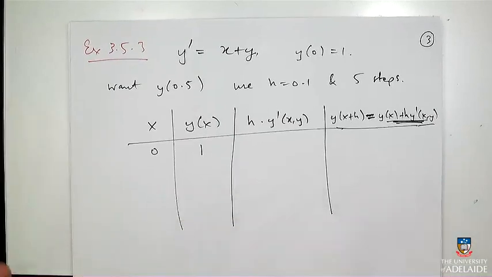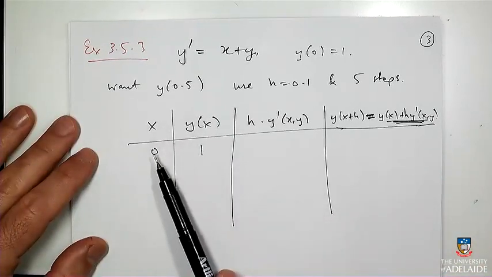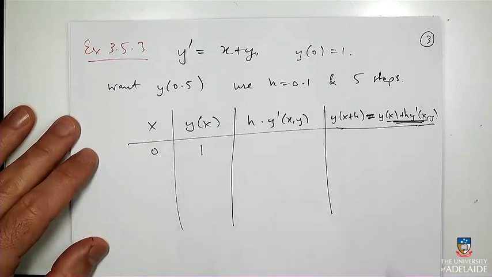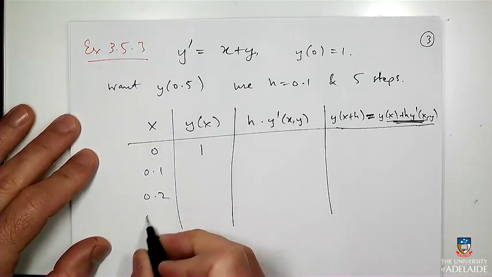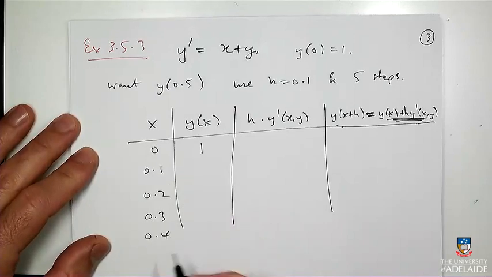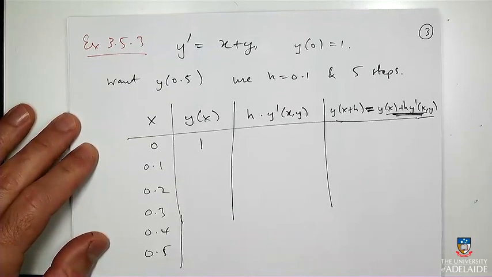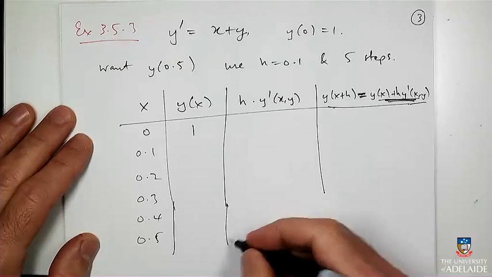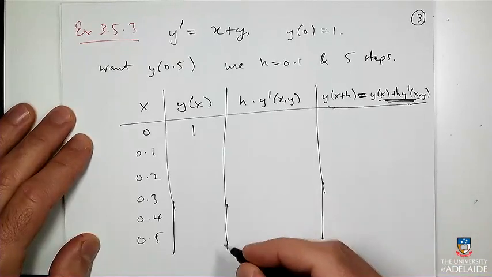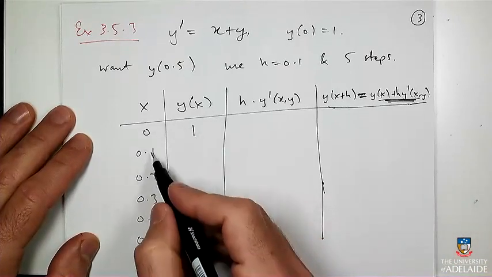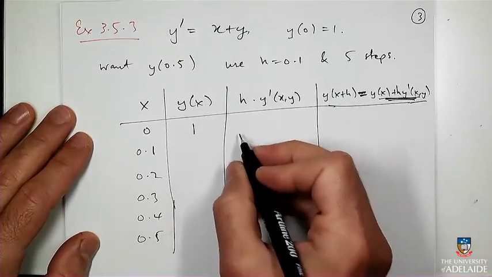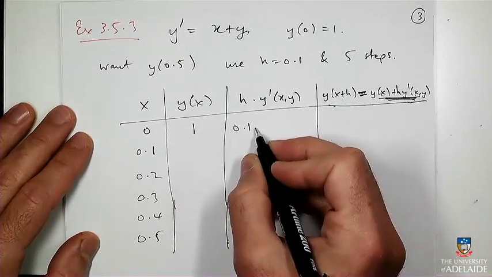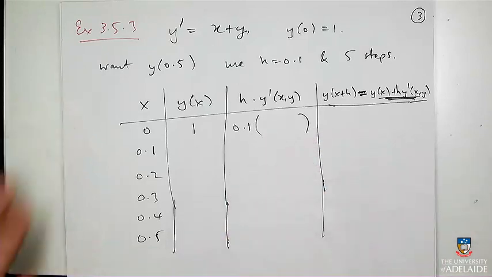So you see the scheme. You start with the value of x you're interested in, so the next value will be 0.1. The next value after that will be 0.2, 0.3, and we want to go all the way to 0.5, ideally. We may run out of time or energy, but let's see how far we can get. What we need, and h is 0.1, so all of these are going to be 0.1 times something. And what is the something?